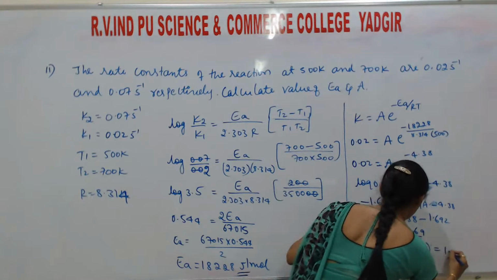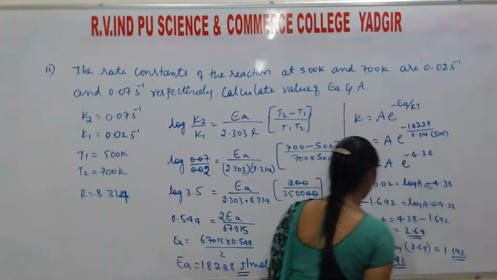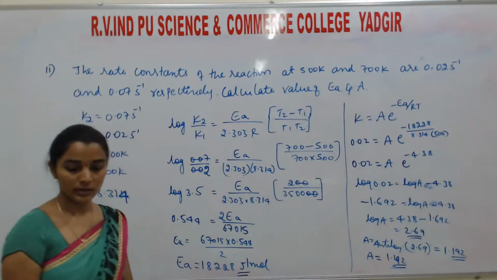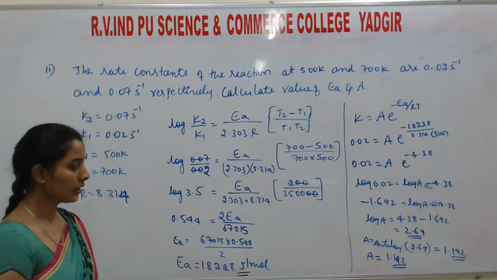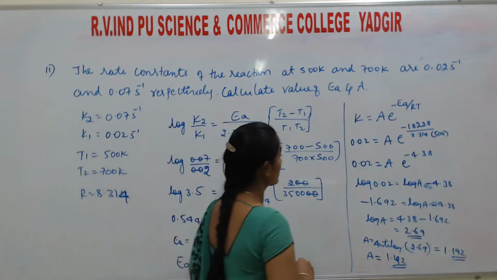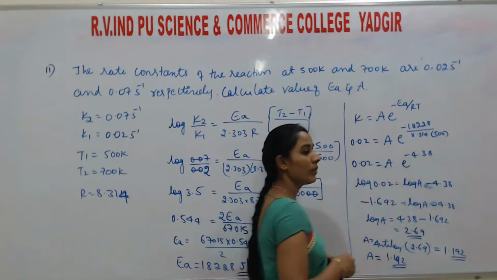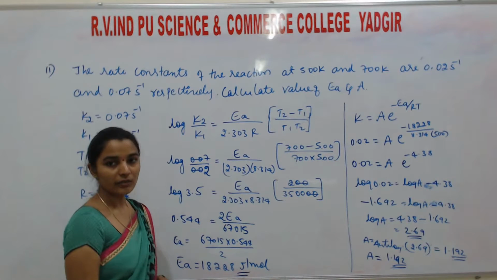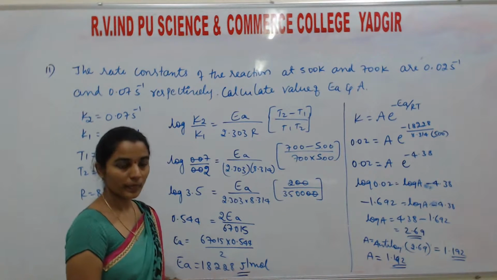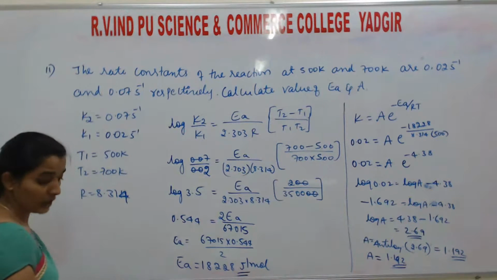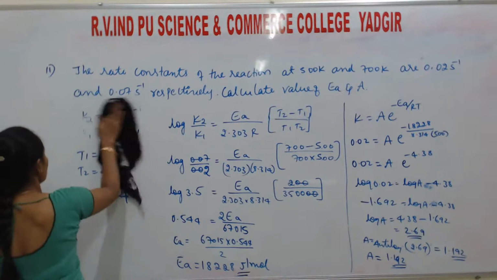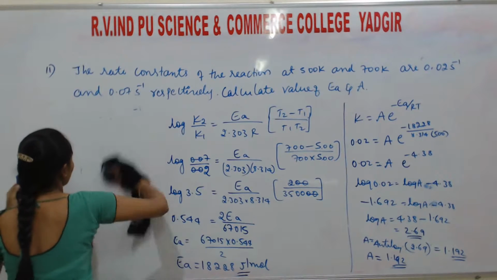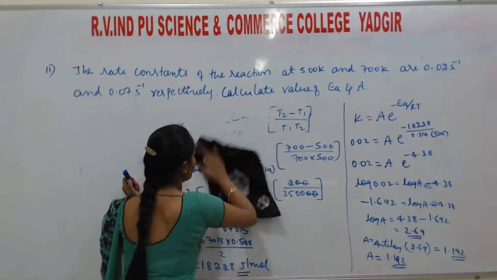The anti-log is 1.192. Understand? This is the way to calculate the A value. But students, in this question they ask for this A value, but in the annual examination they only tell you to find the EA value. Okay? So next question, I'll write the question, you solve it by yourself, and I'll give a hint also.